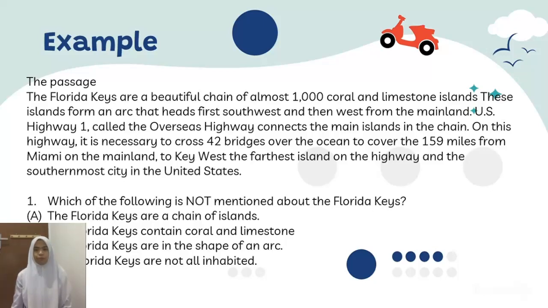For example, the passage: the Florida Keys are a beautiful chain of almost 1,000 coral and limestone islands forming an arch that starts in the southwest and culminates in the main islands in the chain.